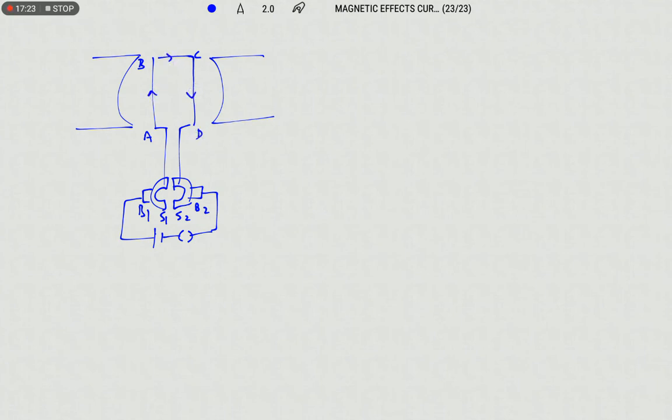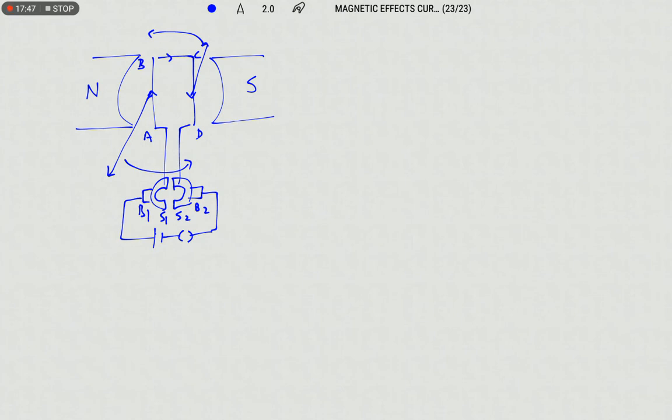So here when the current is entering through the coil, what happens? There is a torque developing on the coil due to the magnetic force acting on the current carrying coil. So the downward force on AB and upward force on CD constitute a couple that is going to rotate the coil in the magnetic field.